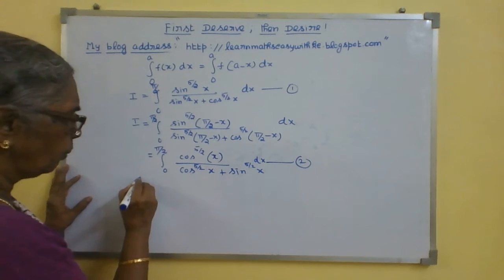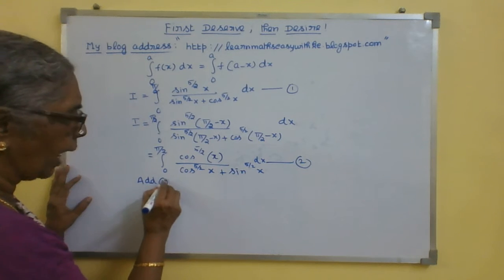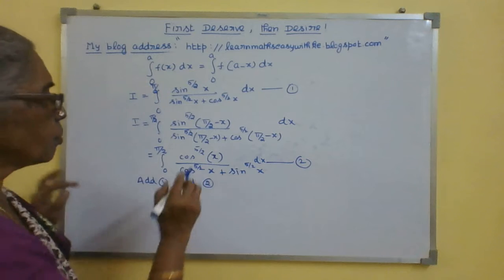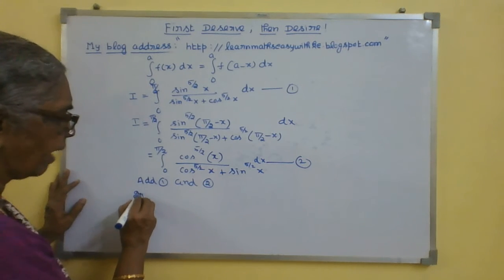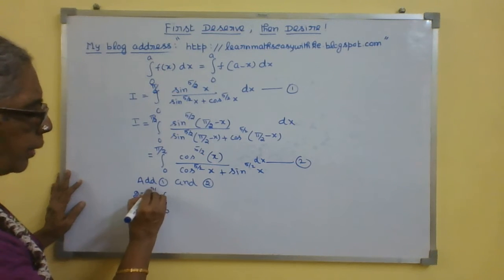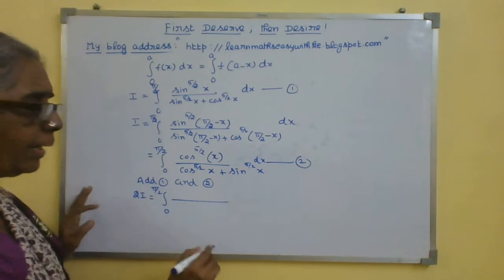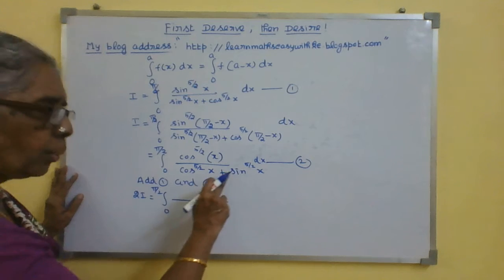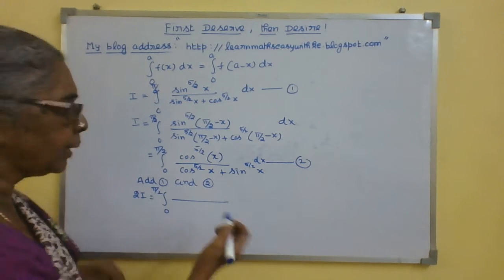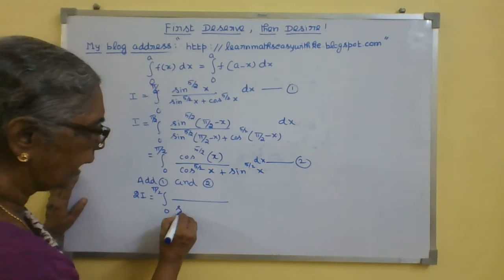Now what I am going to do, I am going to add 1 and 2. So now the left hand side, I plus I will be getting 2I, right? Then the limit is 0 to pi by 2. Now I have a common denominator. I can write it as it is. You can either write this first or that first, because only the plus is in between, so addition is commutative, no problem.